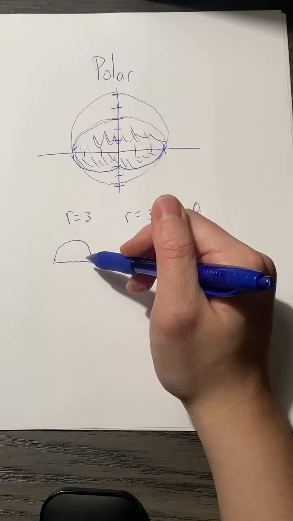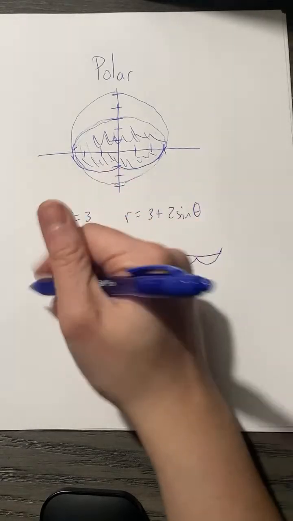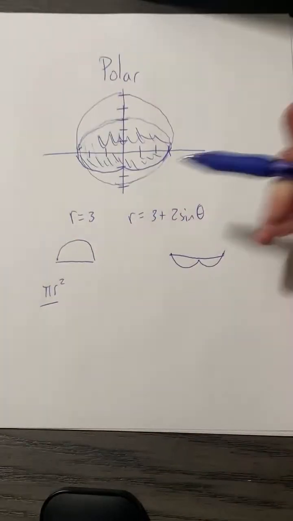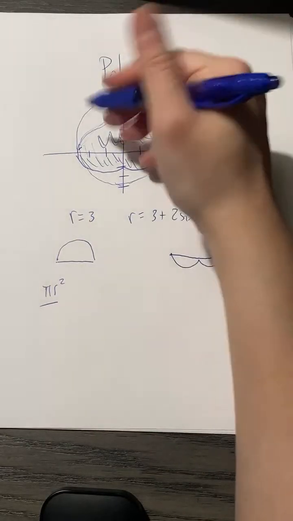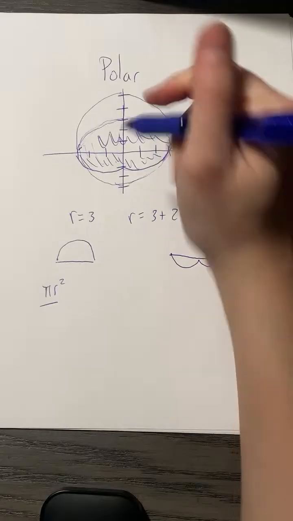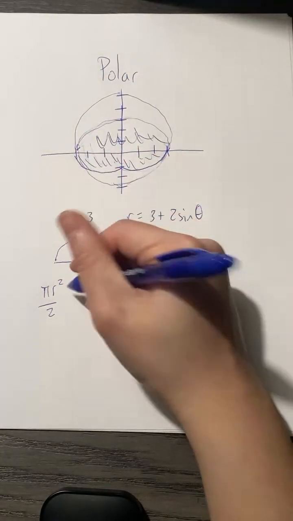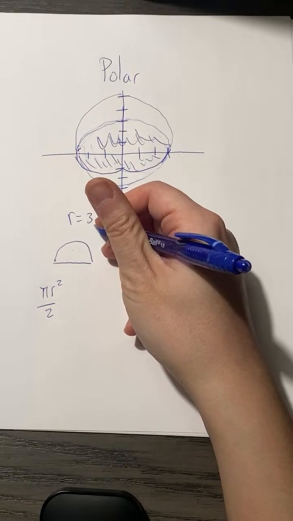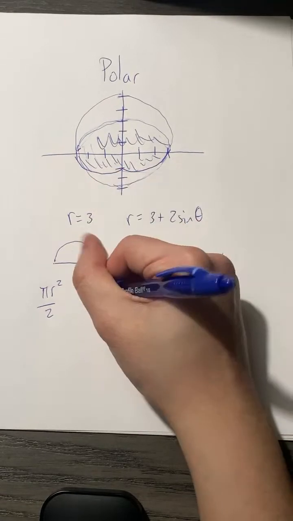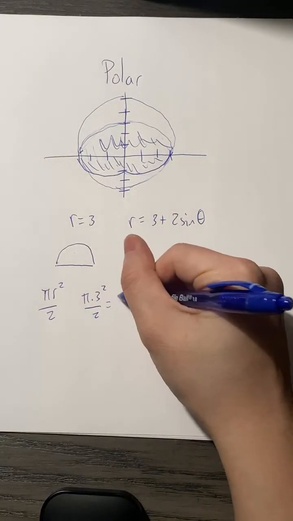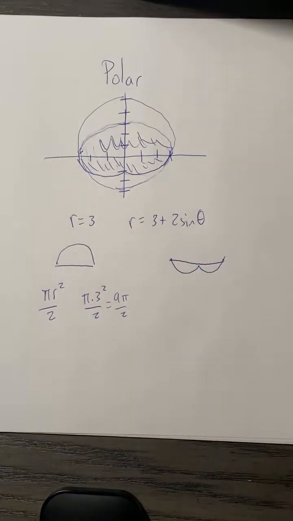For part of a circle, it's going to be pi r squared divided by something, and we want to determine how much of the circle it is. Well, hopefully you see that it's just a half circle or a semicircle, so it's just going to be divided by 2. And then you have to determine what the radius is. So it's pi times 3 squared over 2. Don't think about what this looks like too much. So it's 9 pi over 2.